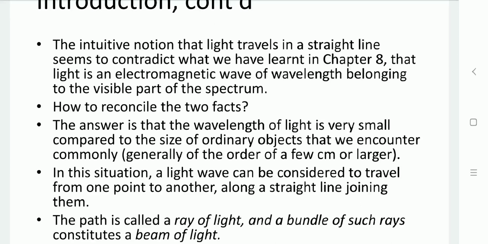This light signal can travel from one point to another with that high frequency by joining these two points in a straight line. The path carried out to travel by that particular light wave is known as a ray of light, and a bundle of such rays is known as a beam of light.